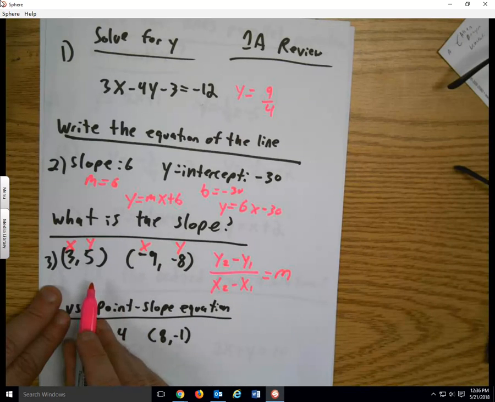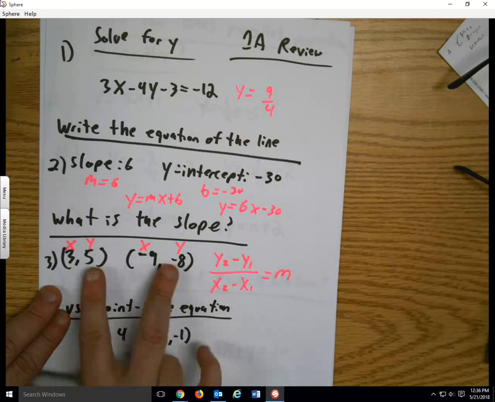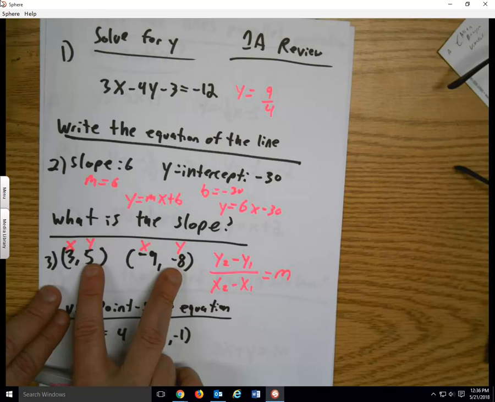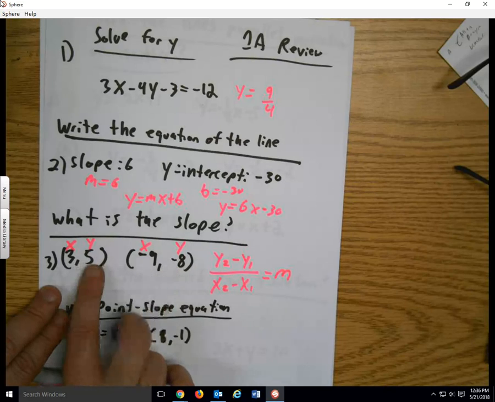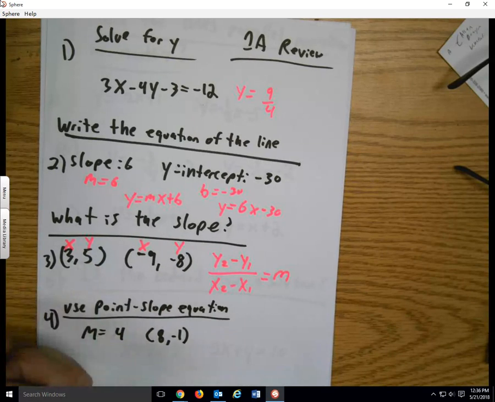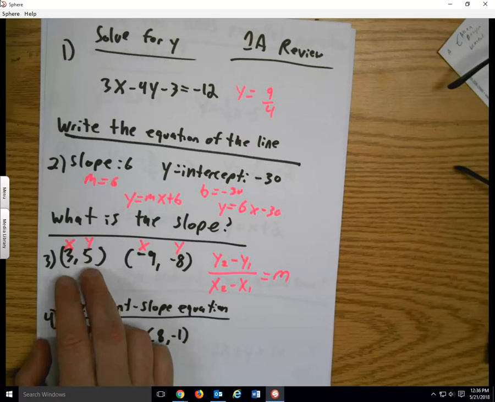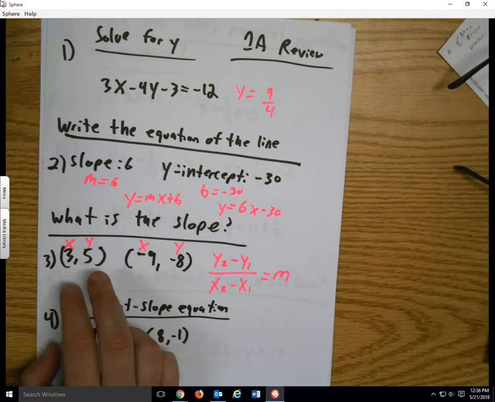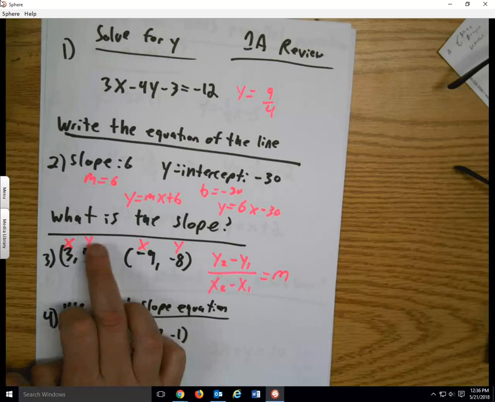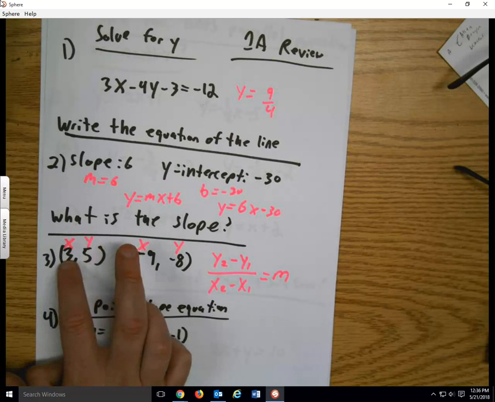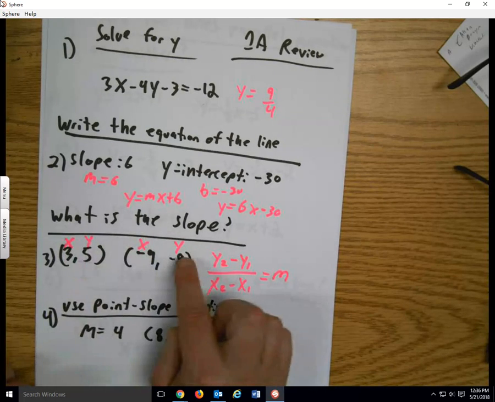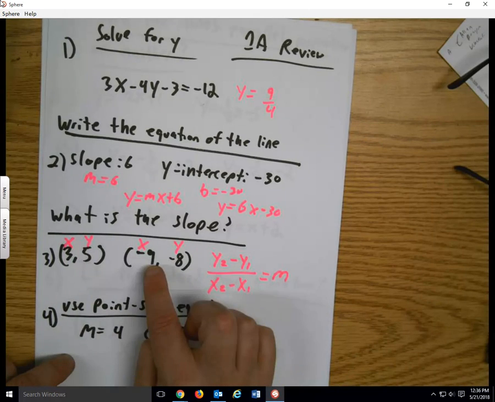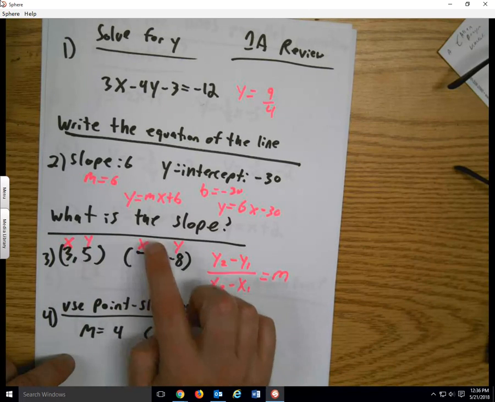So which one of these is the y2? You can actually choose. For whichever one you choose to be the y2, the ordered pair collectively has to be the 2. So if 5 is the y2, then 3 is the x2. If I choose the -8 is the y2, then this -9 has to be the x2.